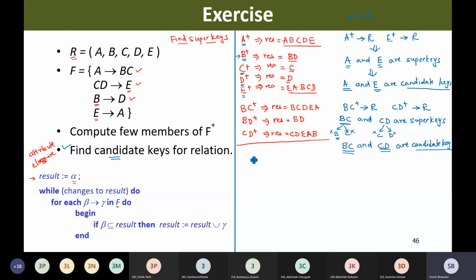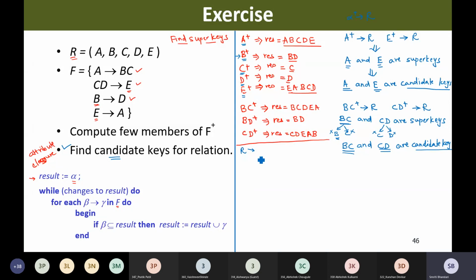what we need to do, given the relation schema R, is find out all the subsets of R. Now here, instead of finding out all the subsets of R, let us limit ourselves to those subsets for which we have computed the closures.